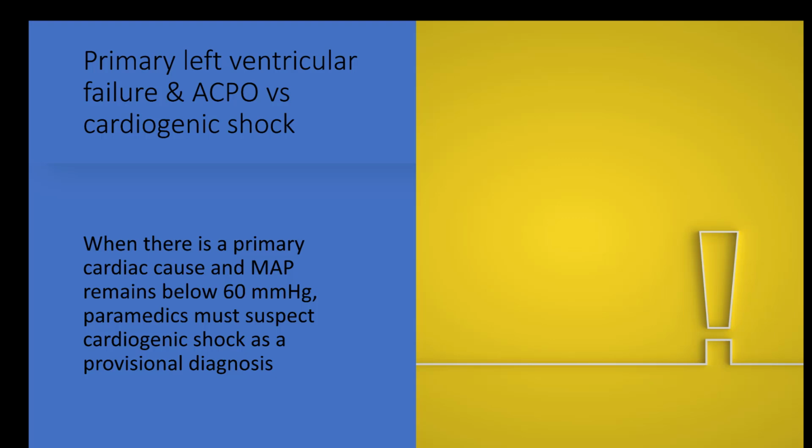Unlike heart failure with acute cardiogenic pulmonary edema, cardiogenic shock will be associated with low output states. So the presence of pulmonary edema with a systolic blood pressure that's less than 90 millimeters of mercury, or a mean arterial pressure that remains at less than 60 millimeters of mercury, should lead a paramedic to favour a management strategy aimed at reversing the cardiogenic shock rather than lowering venous return to alleviate the symptoms of the edema.